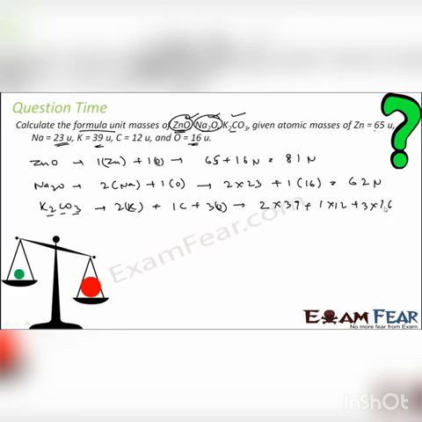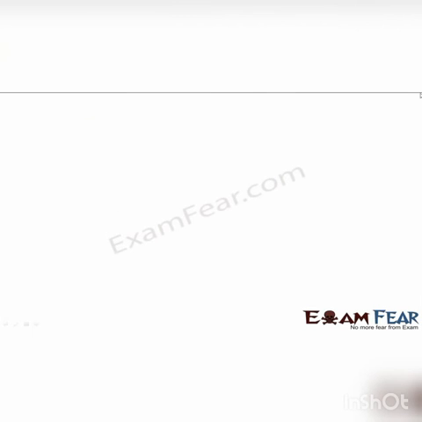Solve this, 78 plus 12 plus 48, 138 units. And that is the answer. Pretty easy. Okay. So having understood the molecular mass, let's understand the mole concept now.